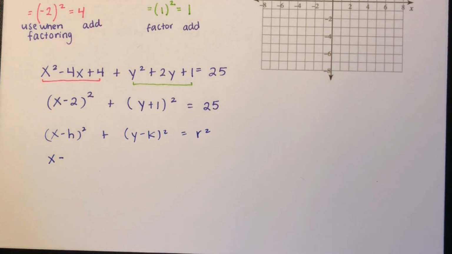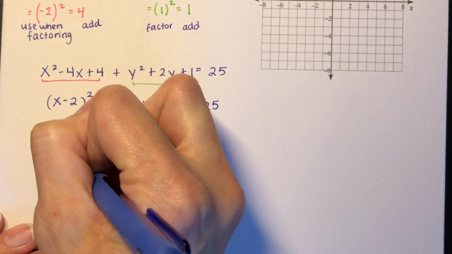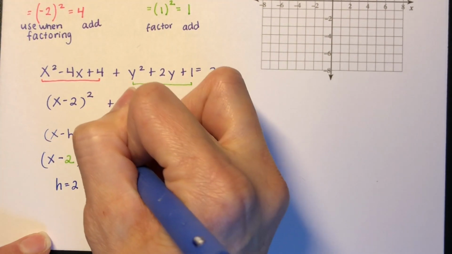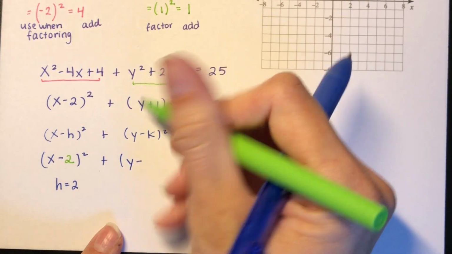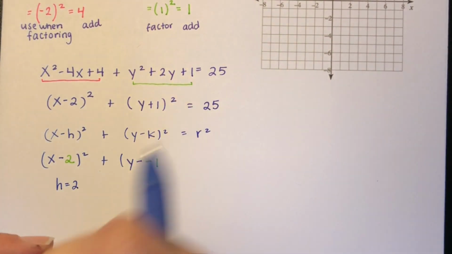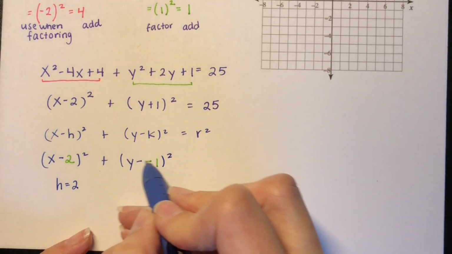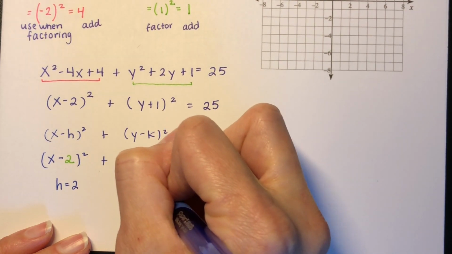So x minus 2, so 2 will be my h, and then y minus k, and k will be -1 because I notice it has to be a positive 1. So a negative times a negative will get me that positive 1. So k will equal -1.